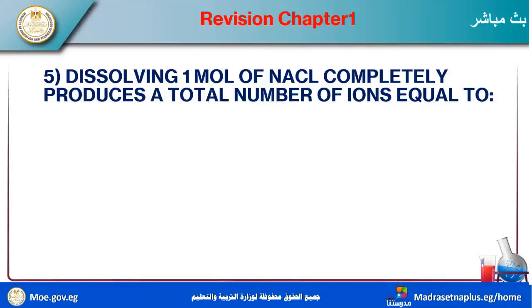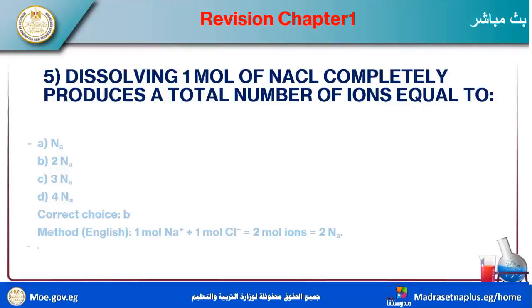It ionizes into Na positive and Cl negative. The total number of ions equals 2NA, where NA means Avogadro's number, not sodium.